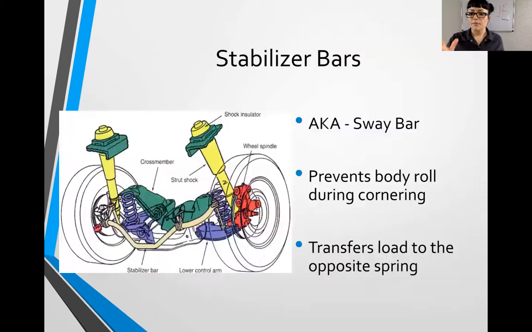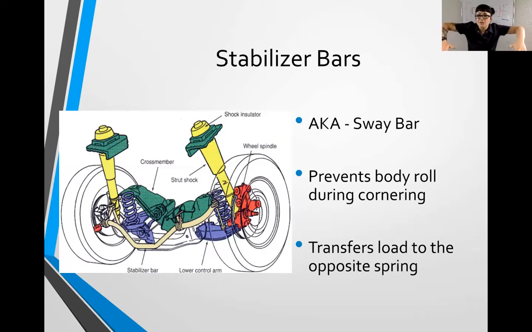Stabilizer bars, also known as sway bars, are going to be, if you look in the picture here, we've got this tan bar. That tan bar attaches to, your sway bar can either attach to the knuckle. Performance-wise, that can be preferred on some higher model sports cars, or the sway bar can attach to the control arms.